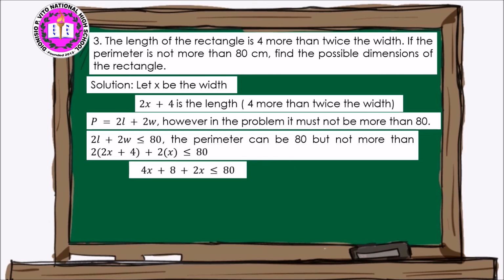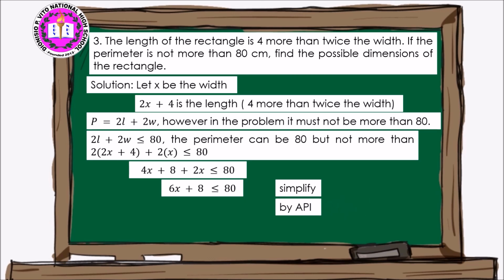So we have 4x plus 8 plus 2x, because 2 times 2x is 4x, then 2 times 4 is equal to positive 8, plus 2 times x is 2x, which is less than or equal to 80. So we're going to simplify that. So we have 4x plus 8 plus 2x is 6x plus 8, which is less than or equal to 80.